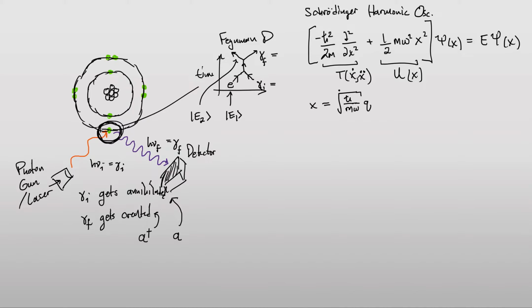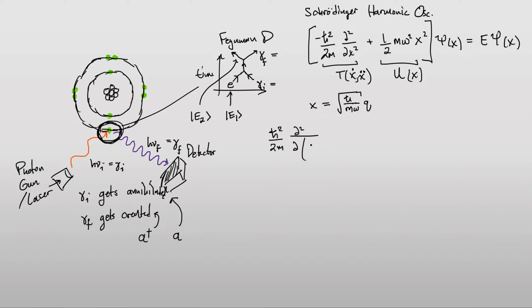And so, okay, what am I going to do? I am going to replace x with this, right? And what I get is h bar squared over 2m times d squared, and then this is going to be d by all of this.